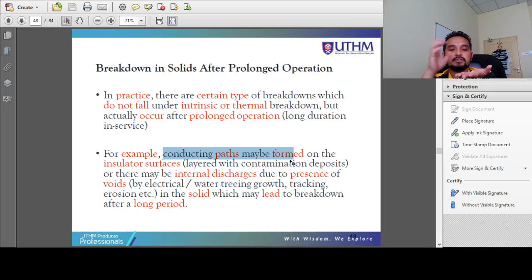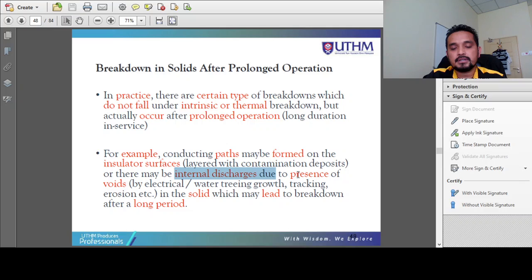We have pollution deposited on the insulators, made of conductive material, metal and chemical, and then with the effect of rain, that path may become conductive under humidity conditions, and this will trigger surface discharge, and some internal discharge may also occur due to voids.